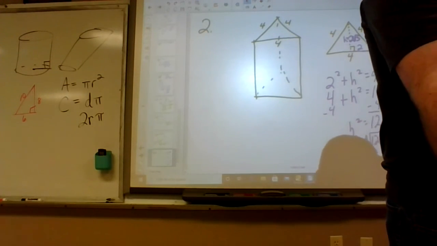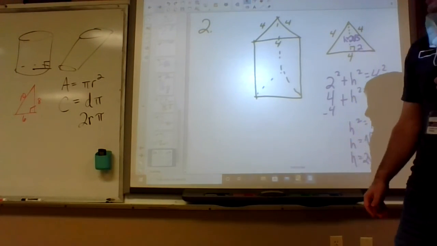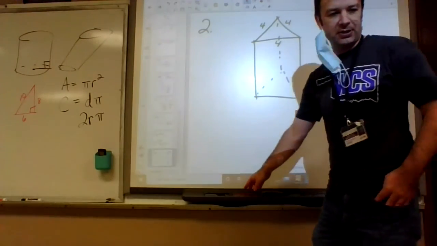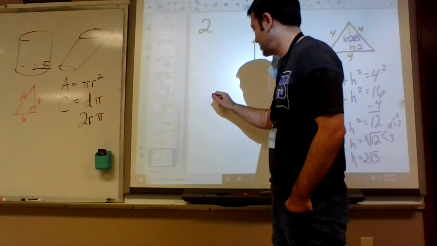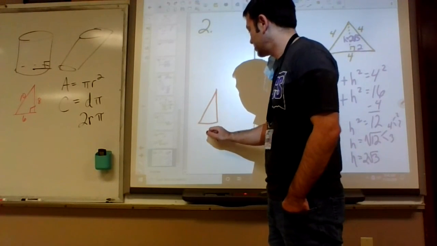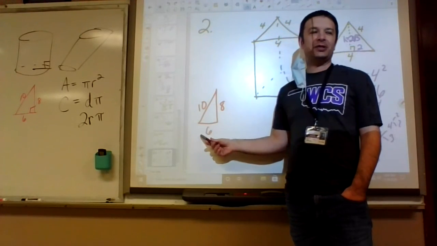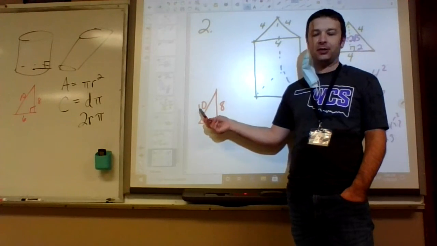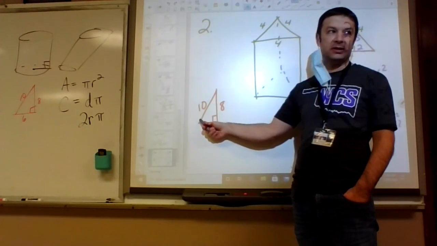There's something else I need to mention. I don't know if I'll remember what it was though. Oh, number 6. On number 6, the base is a triangle with sides 6, 10, and 8. If you did 6 squared plus 8 squared, it would equal 10 squared, which means this is a right triangle. 10 would be the hypotenuse, because it's the big side.